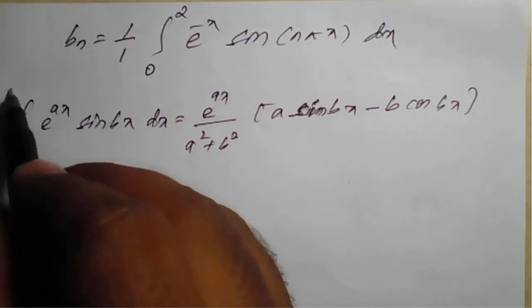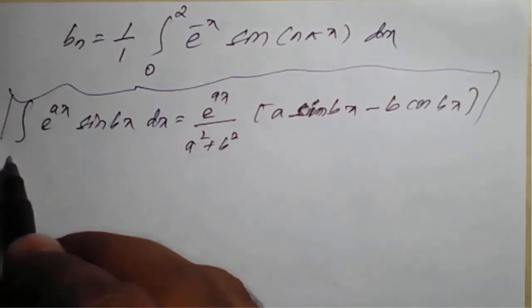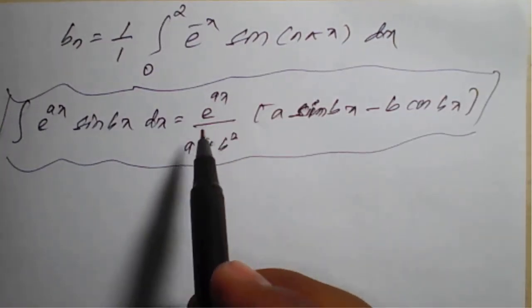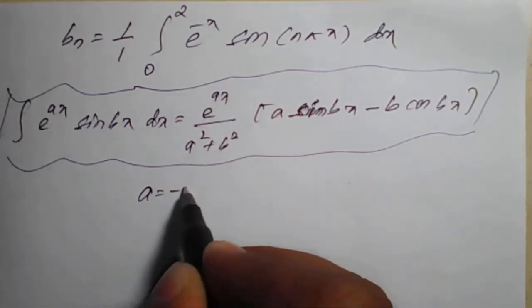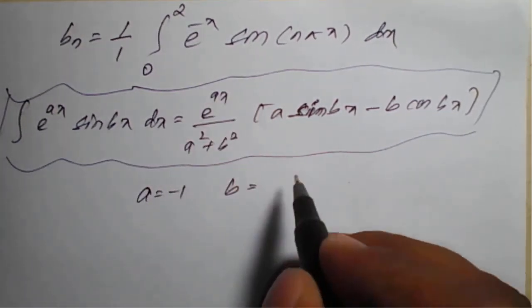So this is the formula, and we'll apply it in the above situation. If you compare, the value of a is minus 1, and the value of b is what?